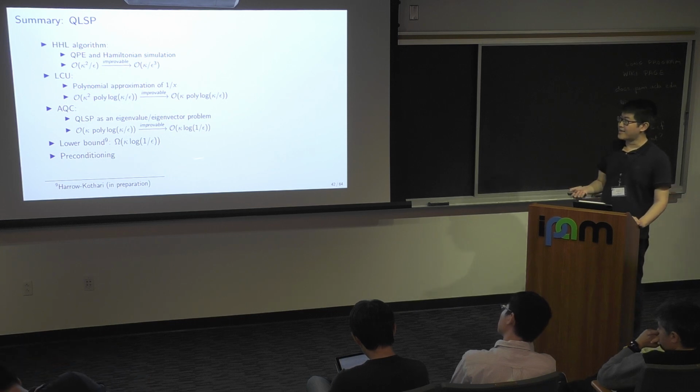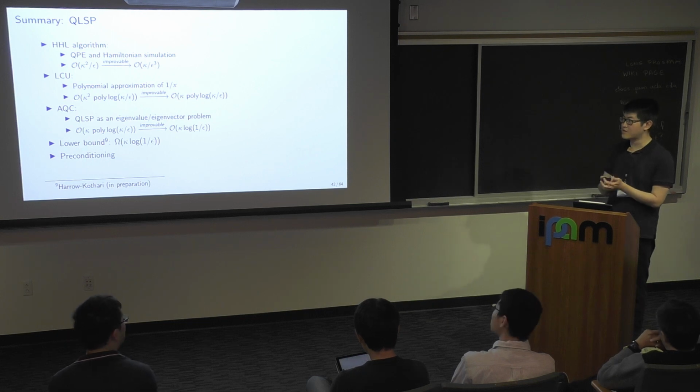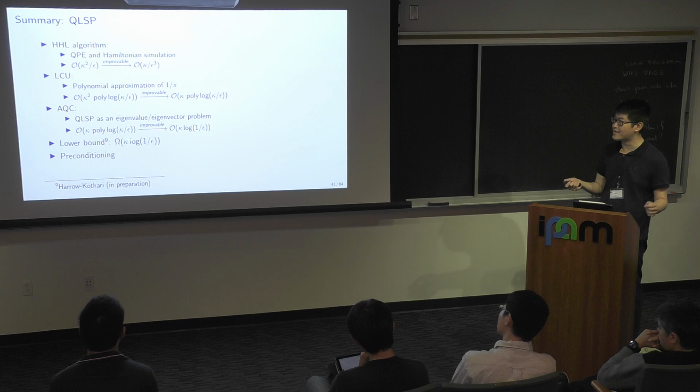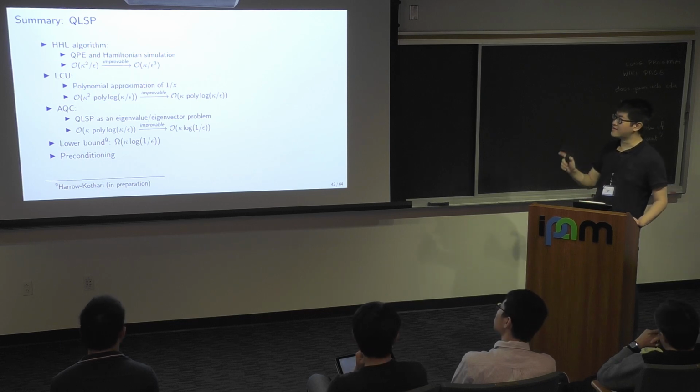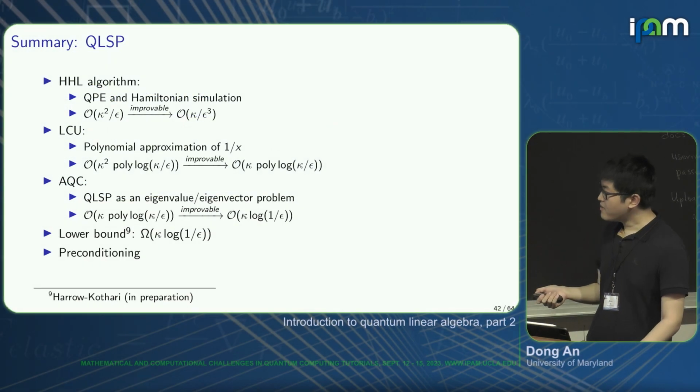The adiabatic approach is based on a different framework, which relates the differential equation with the eigenvalue problem and also the linear system problem. It can be linear in the condition number and polylog in 1 over epsilon. There are two things that I didn't mention in the talk. First, for adiabatic quantum computing we have linear in kappa and polylog in 1 over epsilon.